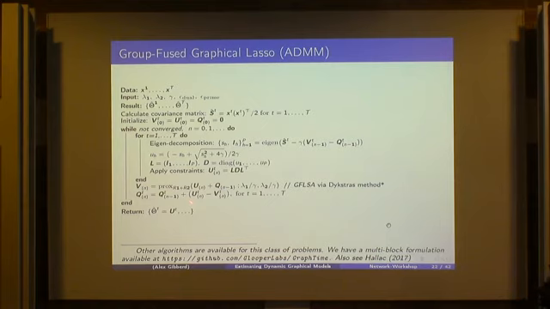That uses group thresholding or soft thresholding. I'm not going into too much detail on the algorithmic part here, but basically the first part takes into account how you update the likelihood, and the second part iterates over how you update the two penalizers, lambda 1 and lambda 2, corresponding to the shrinkage penalty and the smoothness penalty.